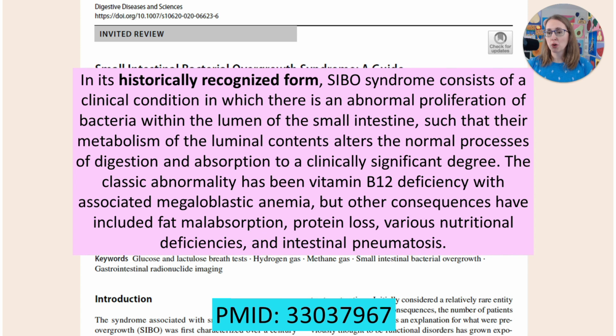The classic abnormality has been vitamin B12 deficiency with associated megaloblastic anemia, but other consequences have included fat malabsorption, protein loss, various nutritional deficiencies, and intestinal pneumatosis.